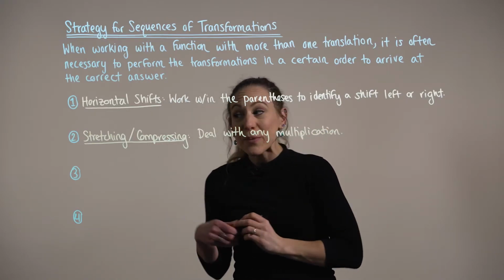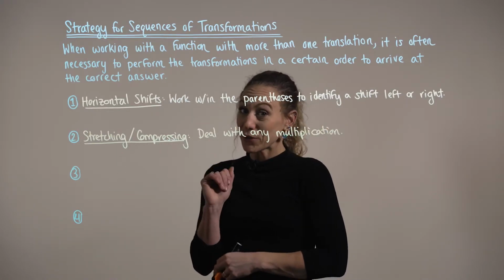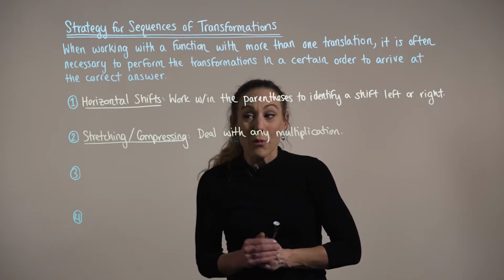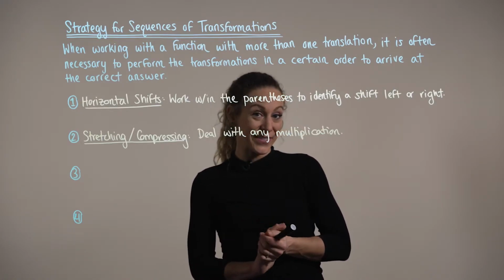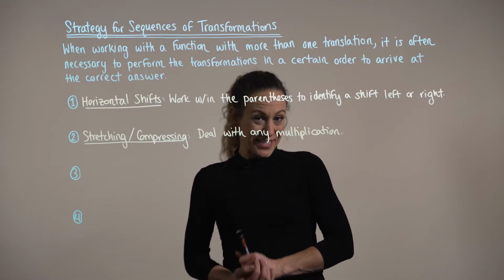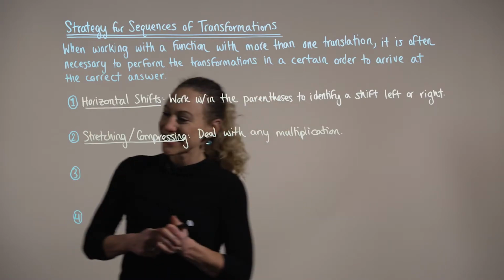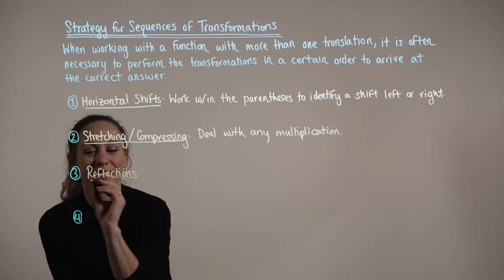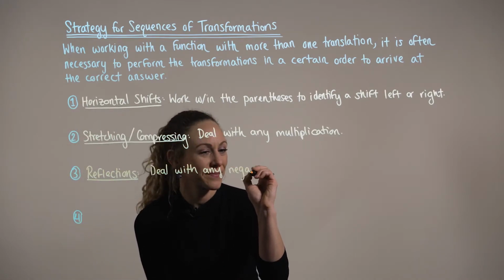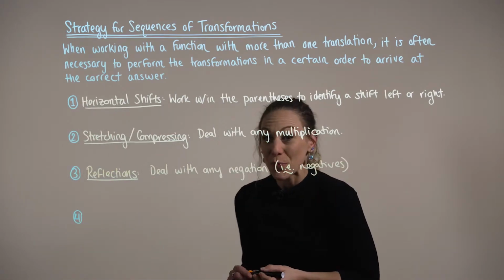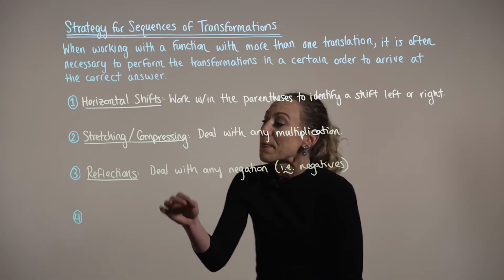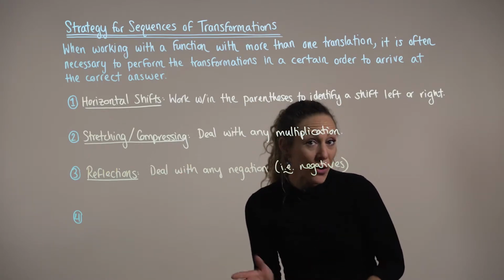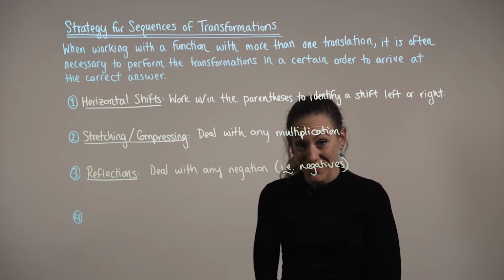Now, just like when we were looking at the definition of a vertical stretch or compression, we have to be mindful of negatives, which brings us to step 3, reflections. So when we're thinking about reflections, we are dealing with any negation or multiplication by negatives.